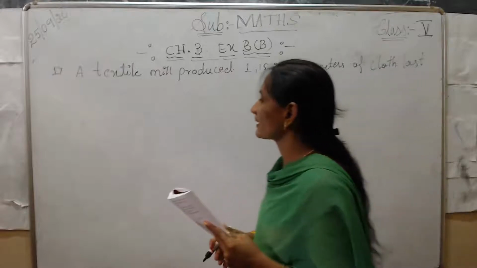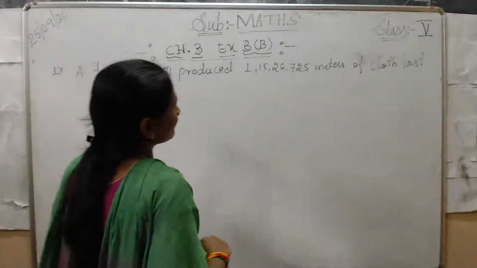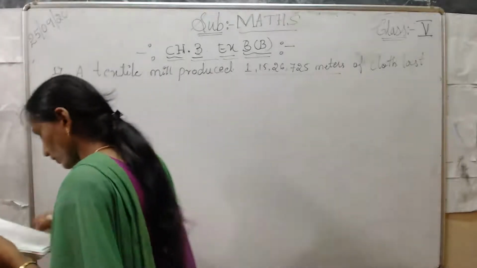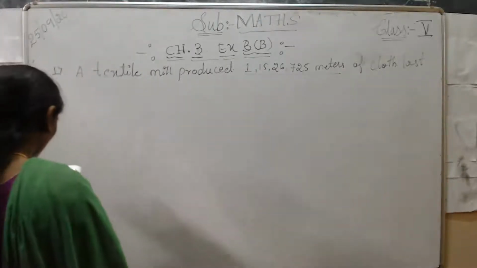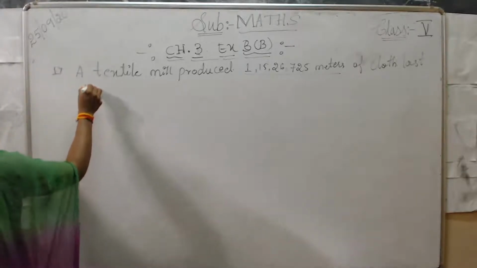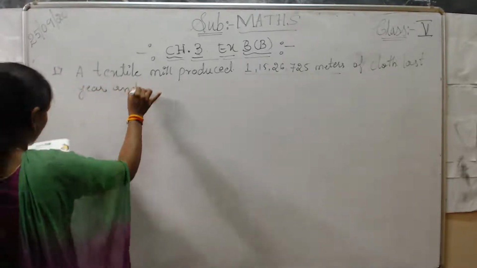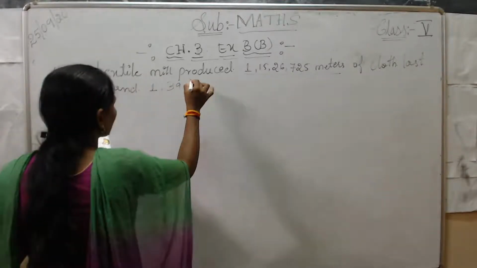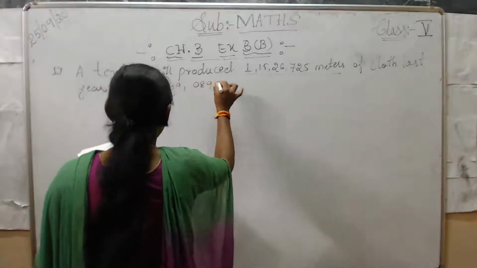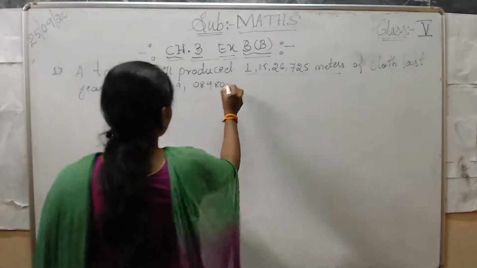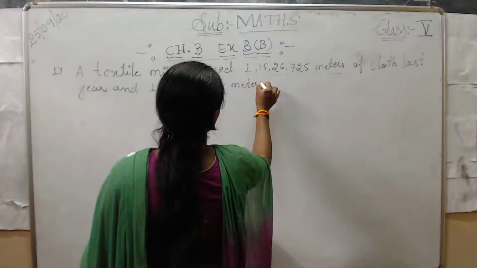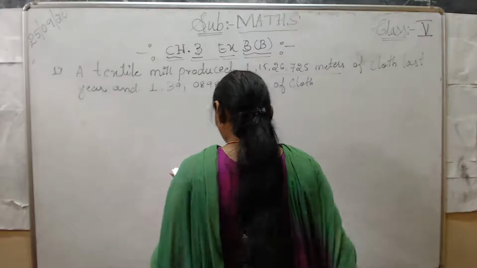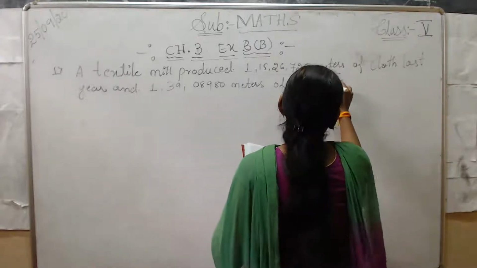Students, so last year means how much cloth in meters was produced. Next, 1 crore 39 lakh 8,980 meters of cloth this year.